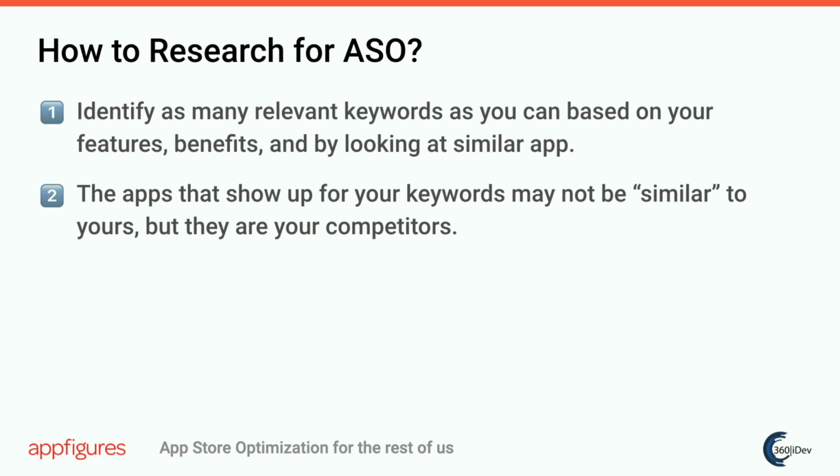And this happens to us all the time. If you have the App Figures app, you know that there's analytics in the name and that we do analytics. And so when we optimize our app, it's all about app analytics and mobile analytics, App Store analytics. Those are all the keywords that we really focus on. But analytics on the App Store is somehow, by magic, associated with Instagram. So if you just look for analytics, you'll find a bunch of Instagram apps.